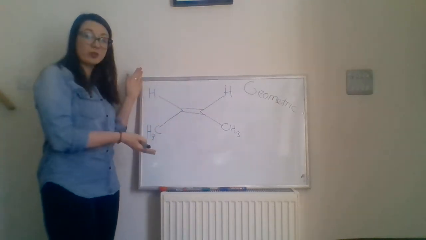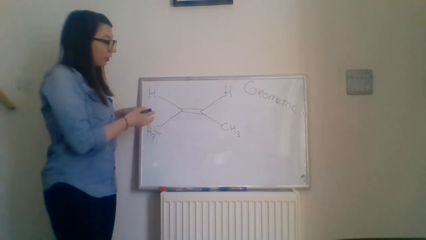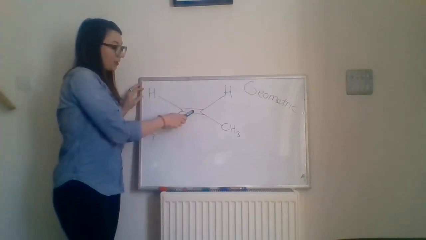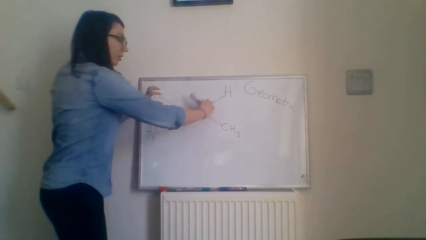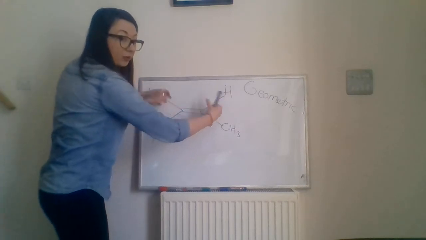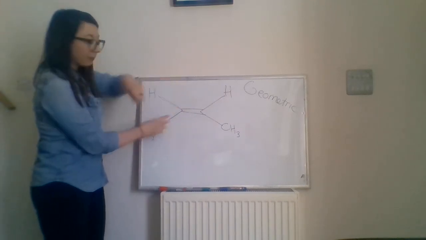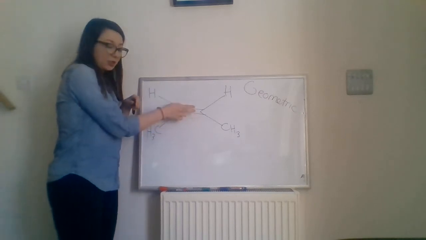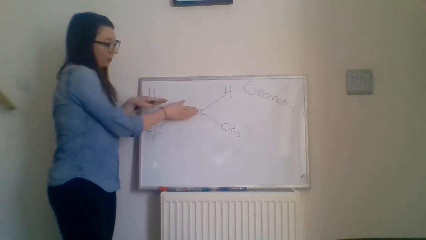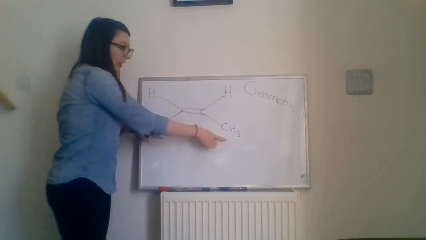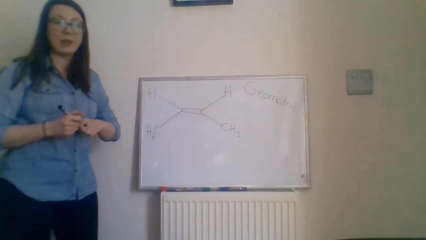It's to do with the geometry of this molecule. This molecule is locked in place. This double bond, there's no rotation around this bond. Around single bonds you get free rotation, but around a double bond it's locked in this position. So this one has your 2 hydrogens up here and your carbons down here.